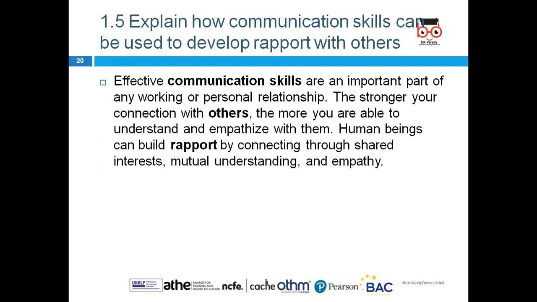Explain how communication skills can be used to develop a rapport with others. Are you all okay with the meaning of rapport? A rapport is when you're developing a relationship with each other. In our first few lessons, we were pretty quiet with each other, very formal.